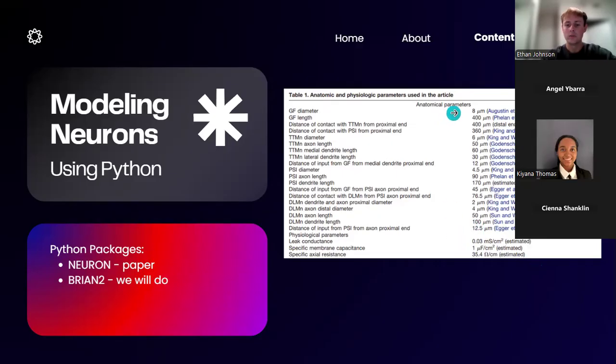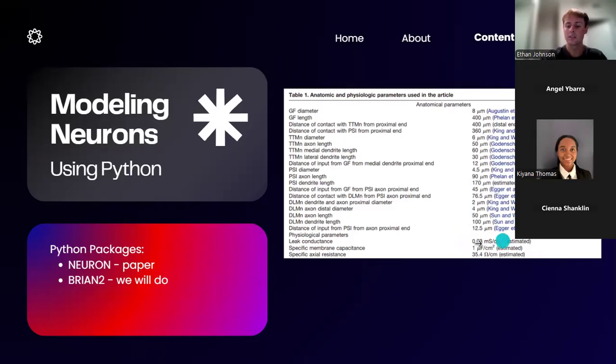And then using all of these different numbers, they put them into this mathematical model to get these latency response times and to see how they're different in young versus older fruit flies.